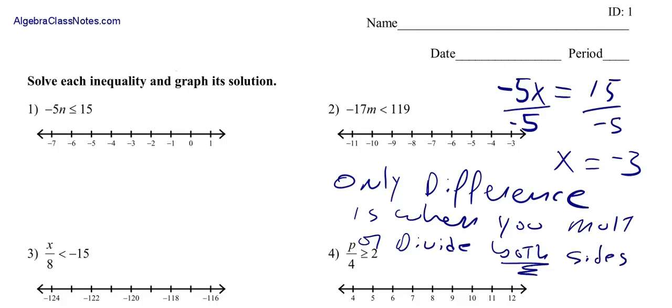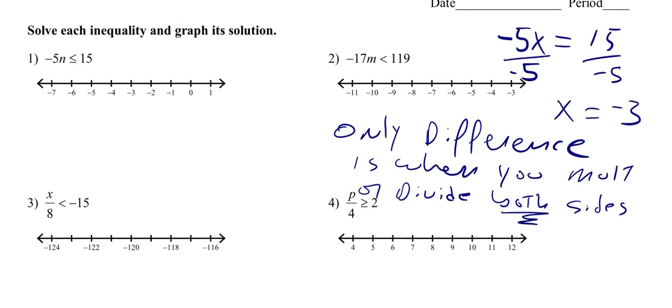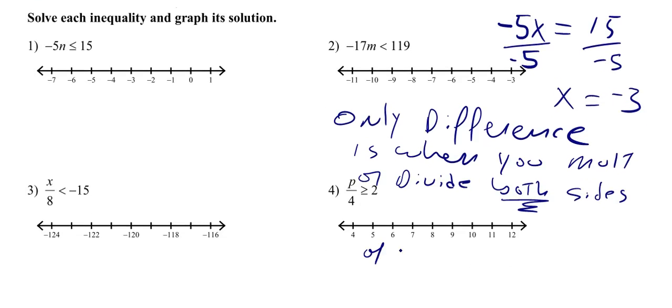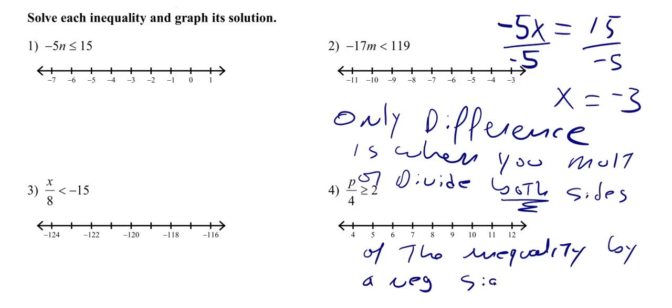That's going to come into play later when we do multi-step equations. When you multiply or divide both sides of the inequality by a negative, you flip the sign. So just remember, when you multiply both sides of the inequality or divide both sides of the inequality by a negative sign, you flip the inequality.